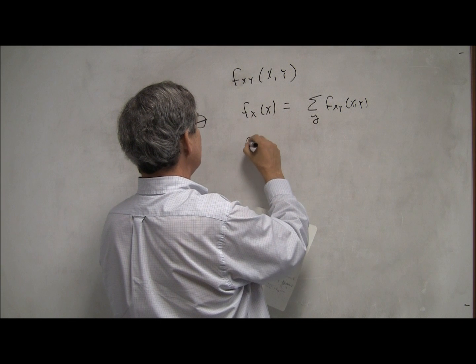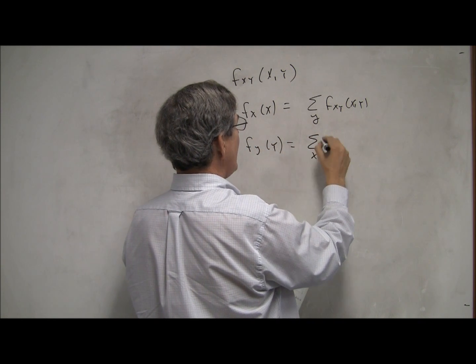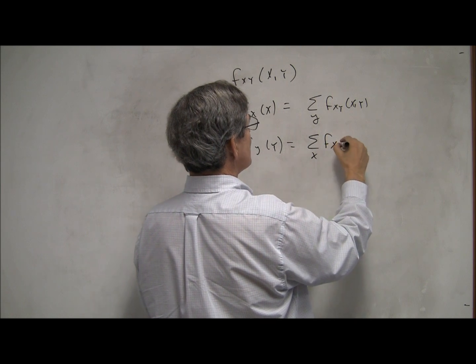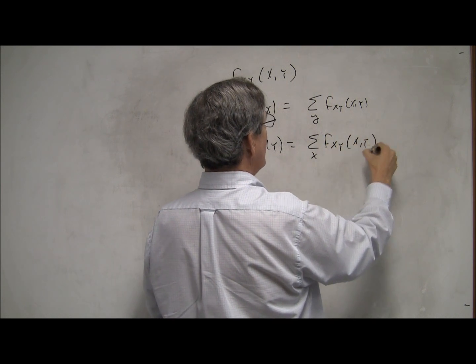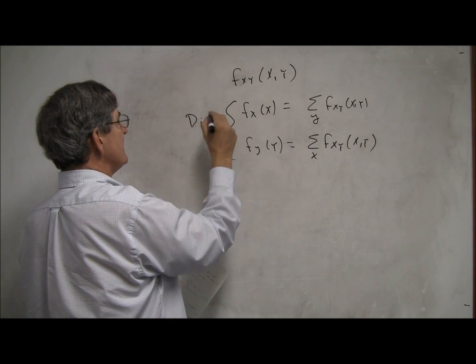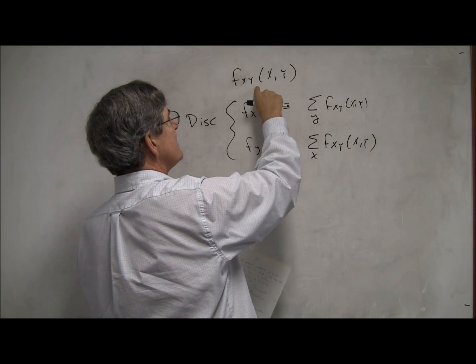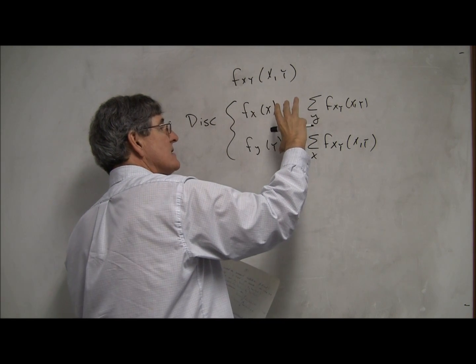We also said you can find fy of y in the same way. You sum over x of the f xy of x and y. These were the discrete cases. I think I forgot to write down the continuous, so let me do that. If this distribution is discrete, this is how you would do it.